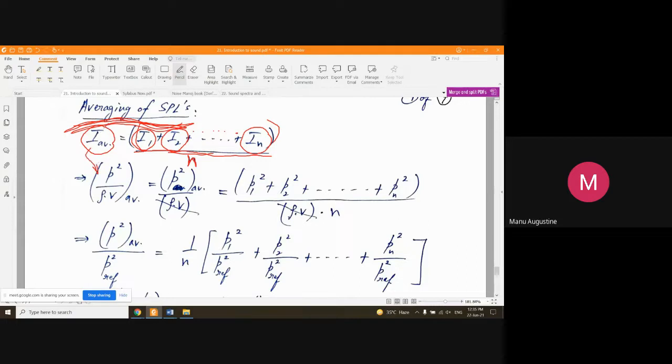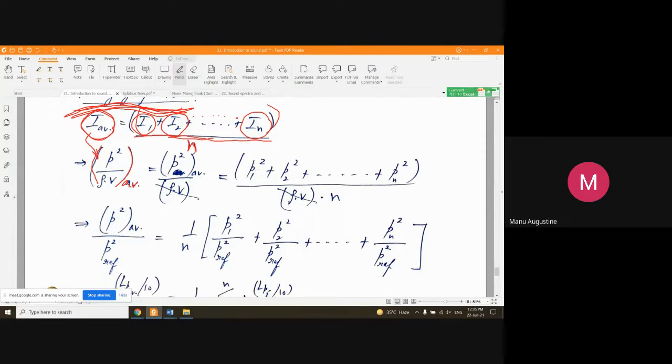If I am trying to find some average intensity, basically I'm trying to find the average value of P square upon rho V. And similarly, I can replace each one of these I1, I2 with the same thing. So averaging this, I will get P1 square upon rho V plus P2 square upon rho V plus and so on till Pn square upon rho V and whole divided by n.